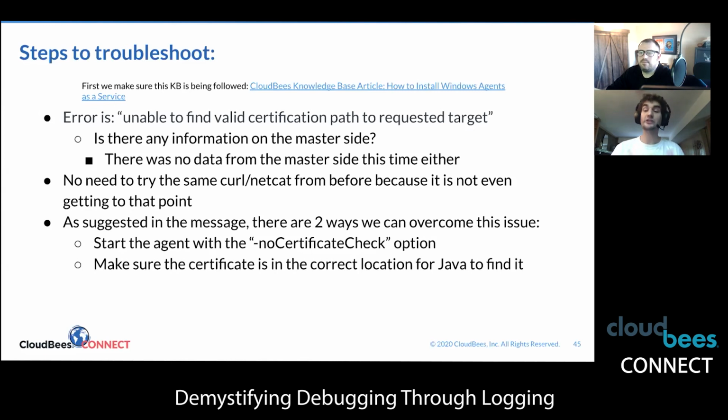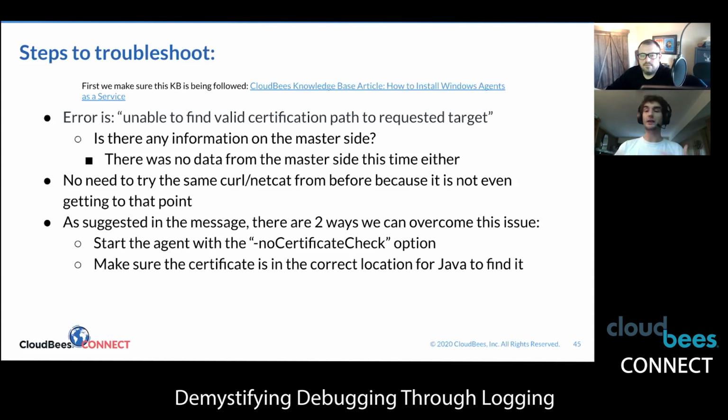But in this particular scenario, there are 2 ways that we can fix this. One, the message, as it says, try with the no certificate check option. And all this means is, yes, that certificate is not authorized, but we're going to skip past that as this is okay. Now, this is kind of a dangerous scenario because what's the point in enabling HTTPS if you're not going to use HTTPS?